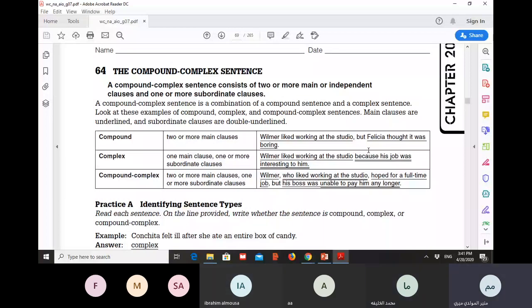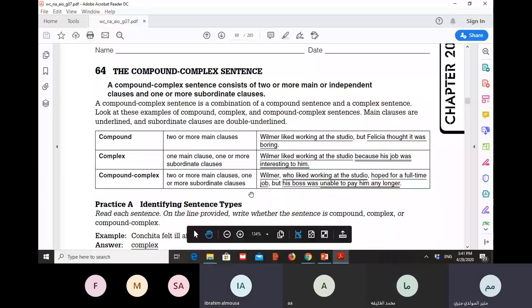Today, our course is about the compound complex sentence. It means the compound sentence together with the complex one. All together, they make one sentence, which is called the compound complex one. Like the example here, Wilma, who liked working at the studio, hoped for a full-time job.